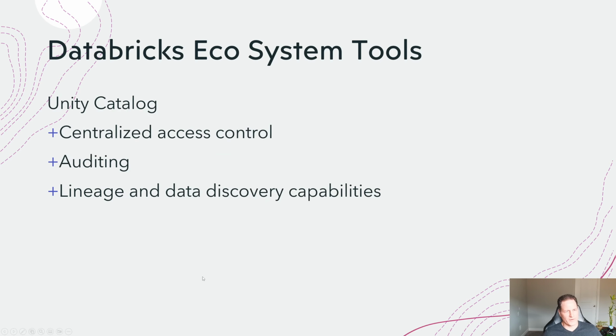The next tool is the Unity Catalog, and this is really so that you can have centralized access control, auditing, and lineage and data discovery capabilities.